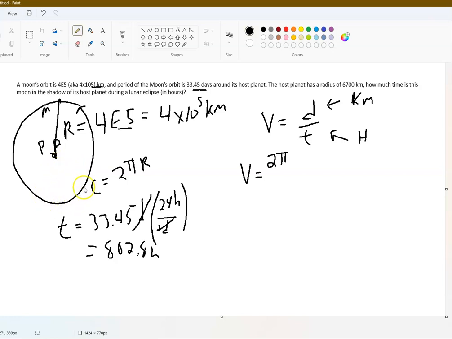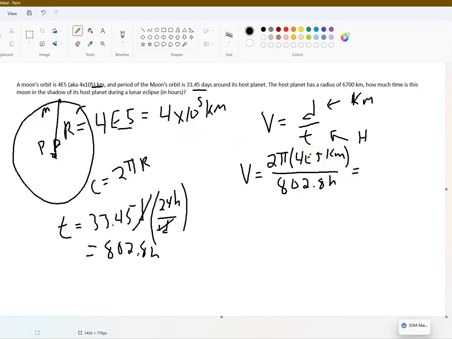Anyhow, it's almost a circle, and so the distance that it travels is 2 pi times our radius, which is 4 times 10 to the 5th, or 4E5 kilometers. We've got to put the units there. Then we divide by the time, which is 802.8 hours. That's going to give us the velocity in kilometers per hour, and then we'll work on the rest of the problem.